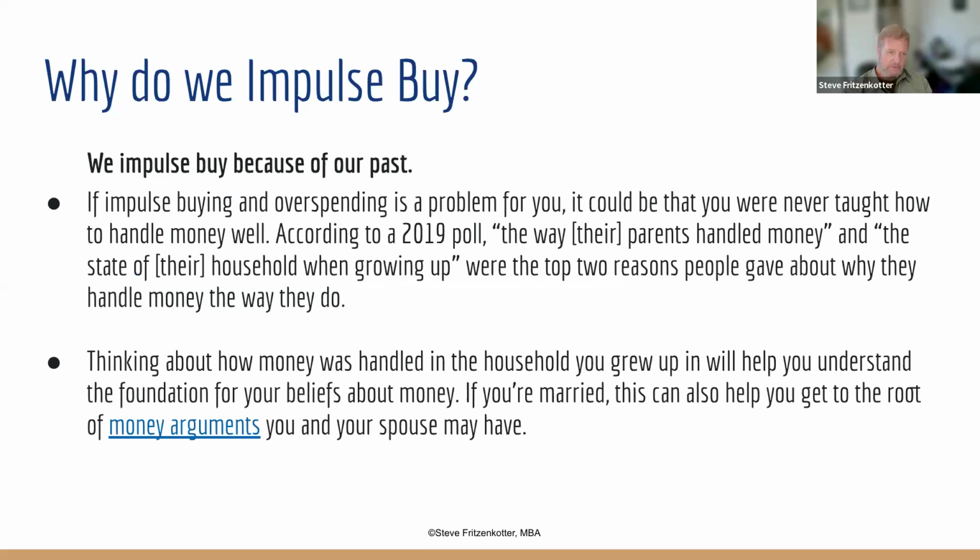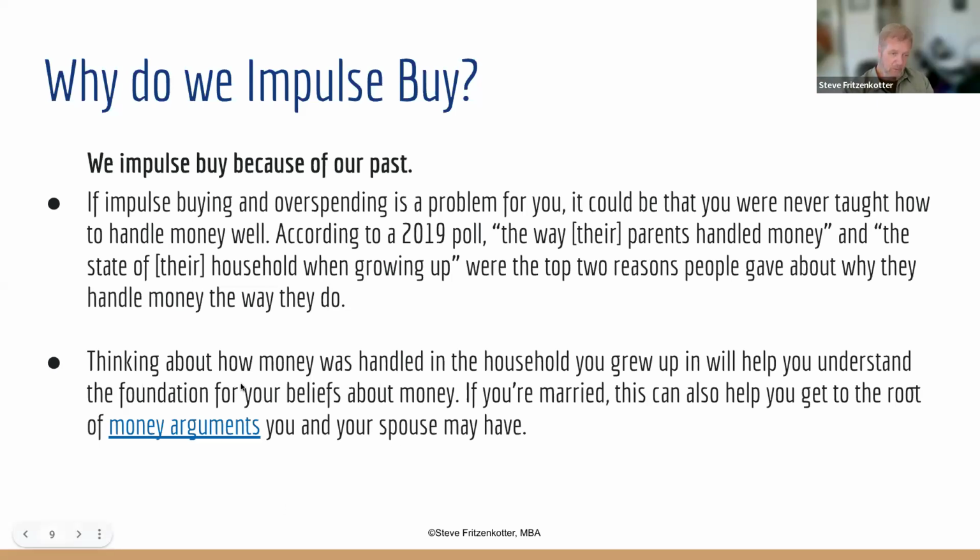And unfortunately, children or young adults will emulate what their parents did, the way they handled money. If they were loose and free with money, they just buy something because it's there and they go into debt, high credit card debt, etc. That tends to be a behavior that can be passed down, which is kind of scary.